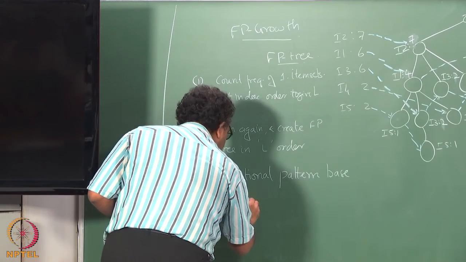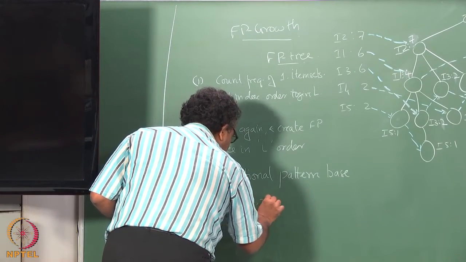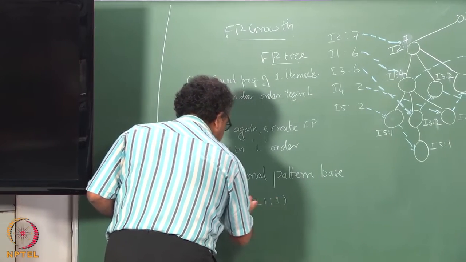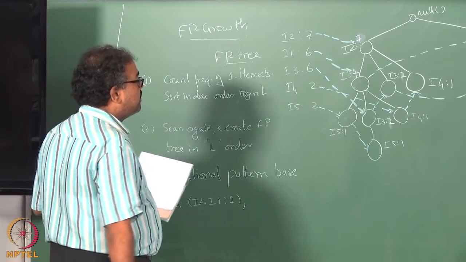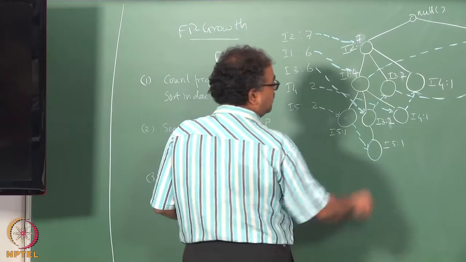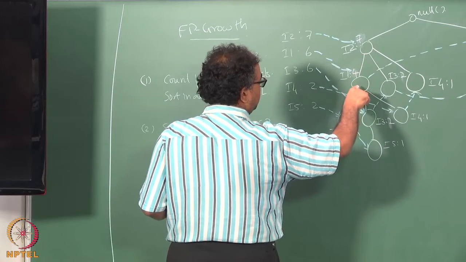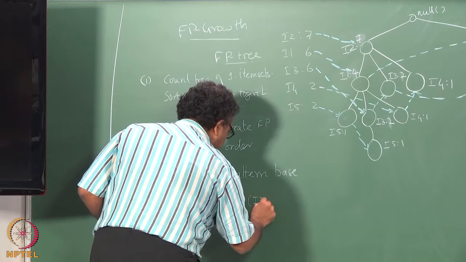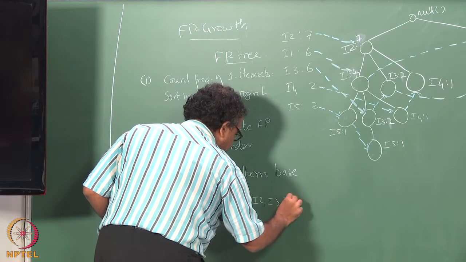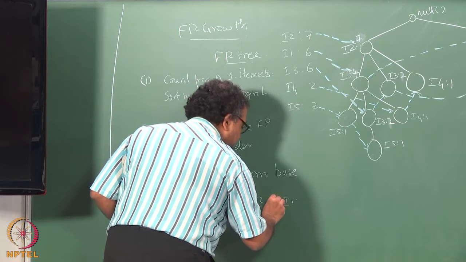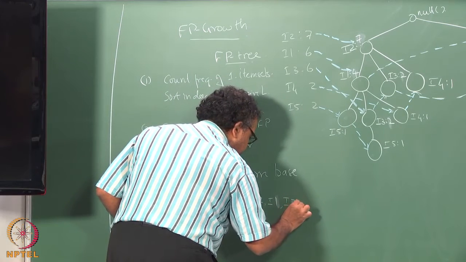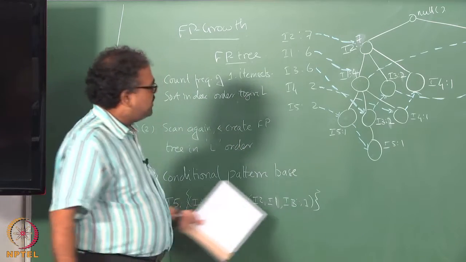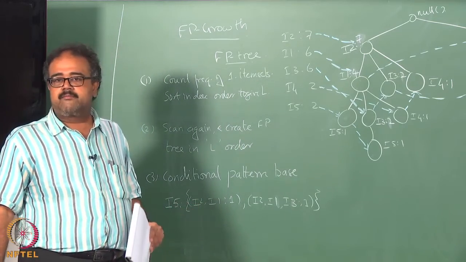So I will just take the prefix: I2, I1, and it occurs once. And then anywhere else, I2, I1, I3, I5, yes. That is I2, I1, I3. That is the conditional pattern base for I5.